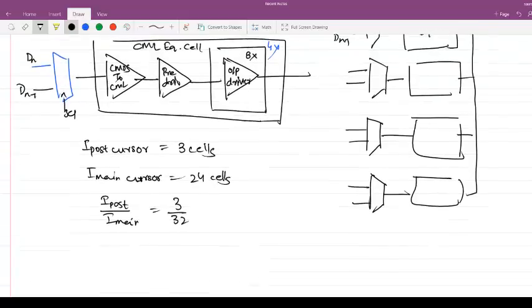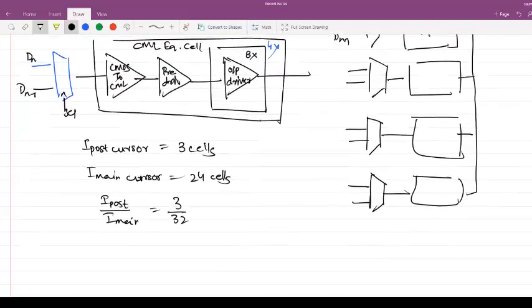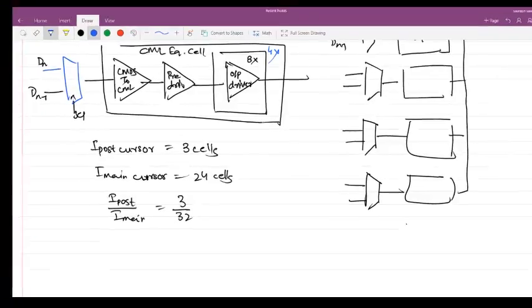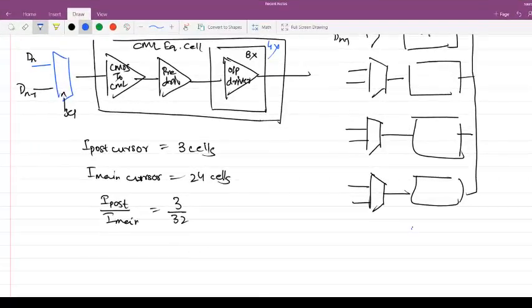So what is normally done is that one cell is fully dedicated to the post cursor and the main cursor. That is, I will have one cell always with dn. Depending on how many cells I want, I will use that, but they are all dedicated to it.